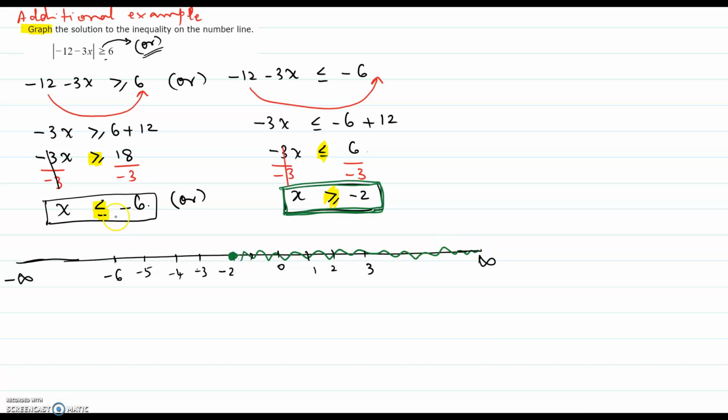Then this one, x less than or equal to negative 6, I'm going to shade in red, all numbers to the left of negative 6 including negative 6. So it is this part.